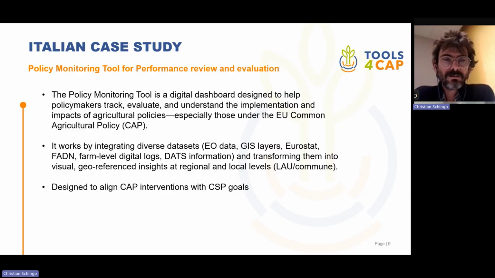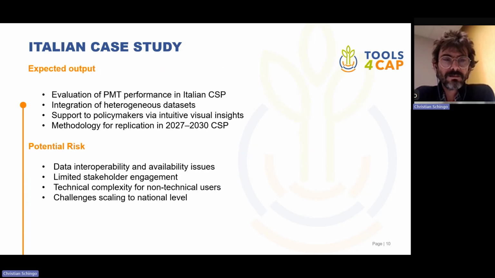It works by integrating diverse data sets, observation data, GIS layers, FADN, and so on, and transforming them into something visual, georeferenced, and insightful at regional and local level. And it is designed to align the CAP intervention with the CSP goals.